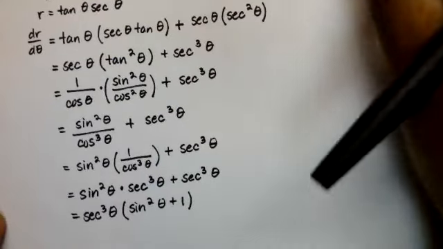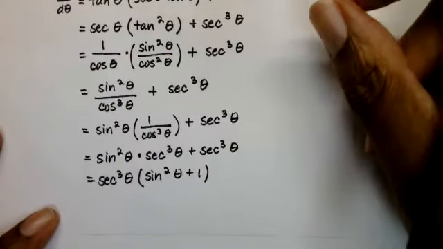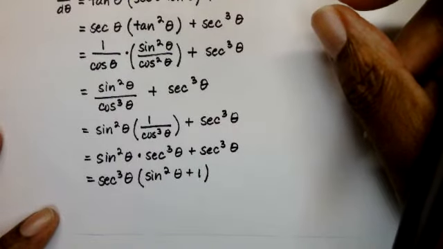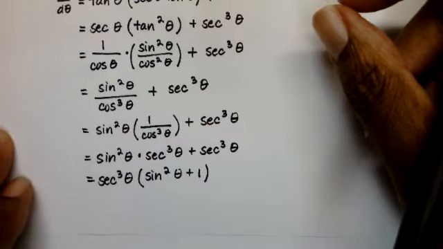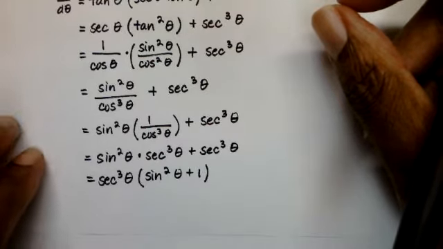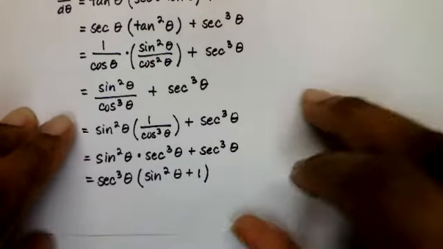That's how they want you to simplify this. So in simplified form, the derivative of r with respect to theta would be the secant cube of theta times sine squared theta plus 1.